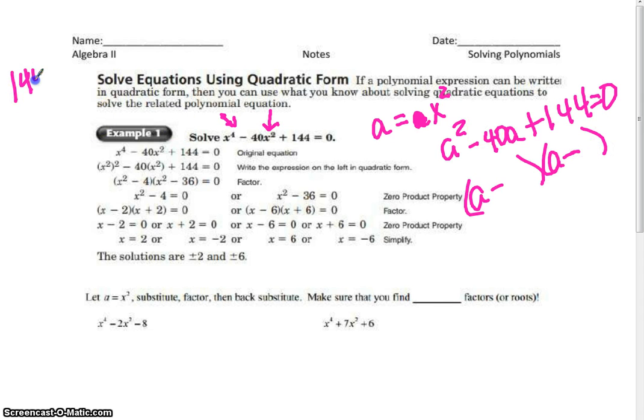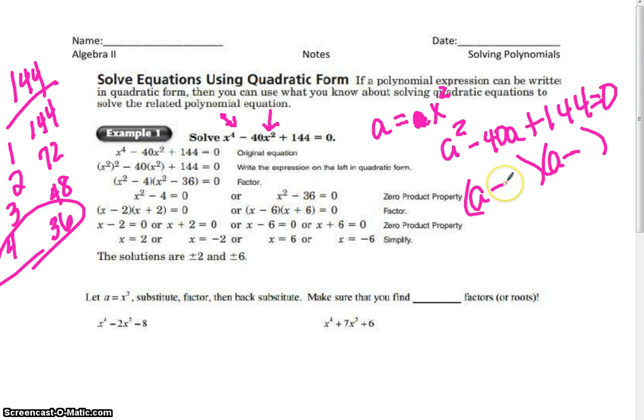So 144, 1 and 144, 2 and 72, 3 does not go, 3 would go into it, but it's going to be too small. 3 will go into it, 48, 4 would go into it, 36, that's what you're going to use. So this becomes a minus 4 and a minus 36, okay?